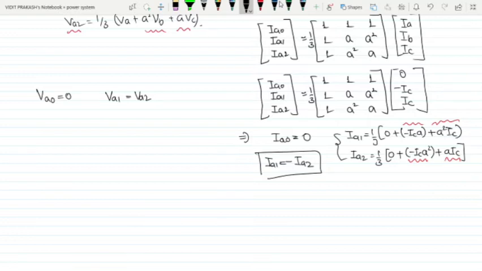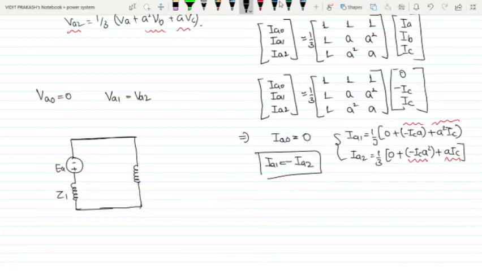Now how do we draw the positive sequence component? This will be EA, this will be the positive sequence impedance, and this will be the negative sequence impedance.